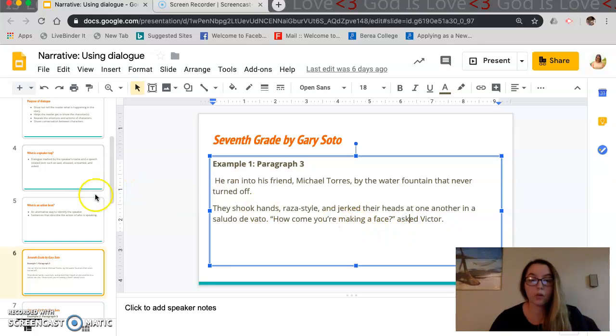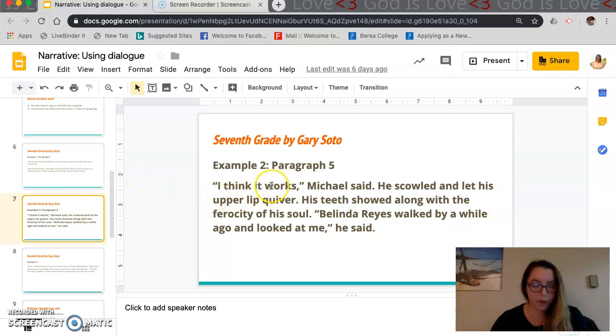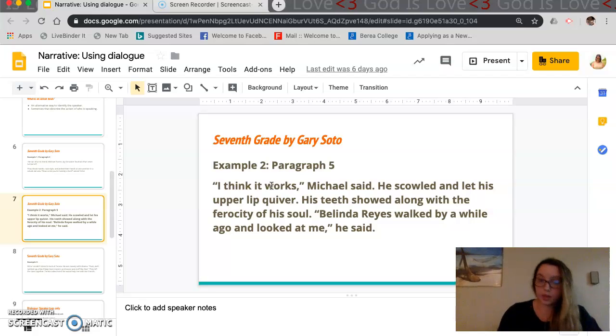Now, from the same text, I want to look at paragraph 5. In this paragraph, we see an example of a speaker tag and an action beat. If you look at the following sentences, "I think it works," Michael said. He scowled and let his upper lip quiver.